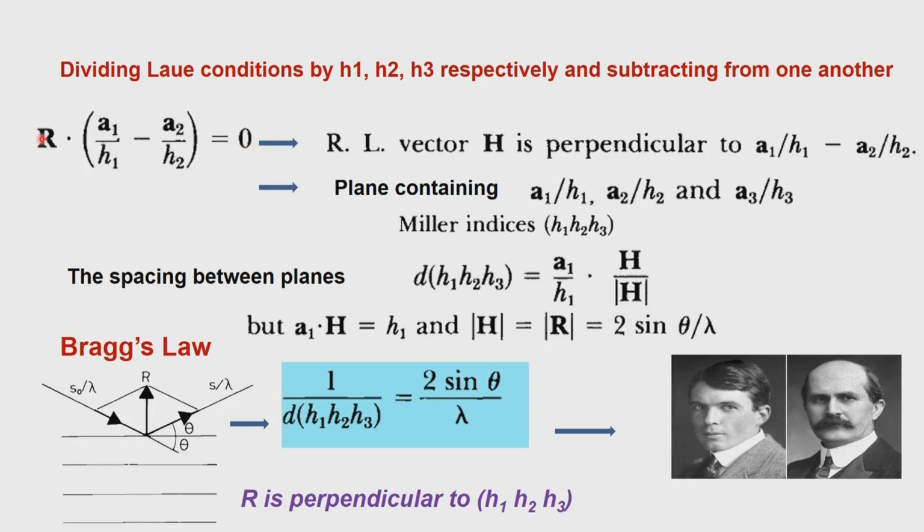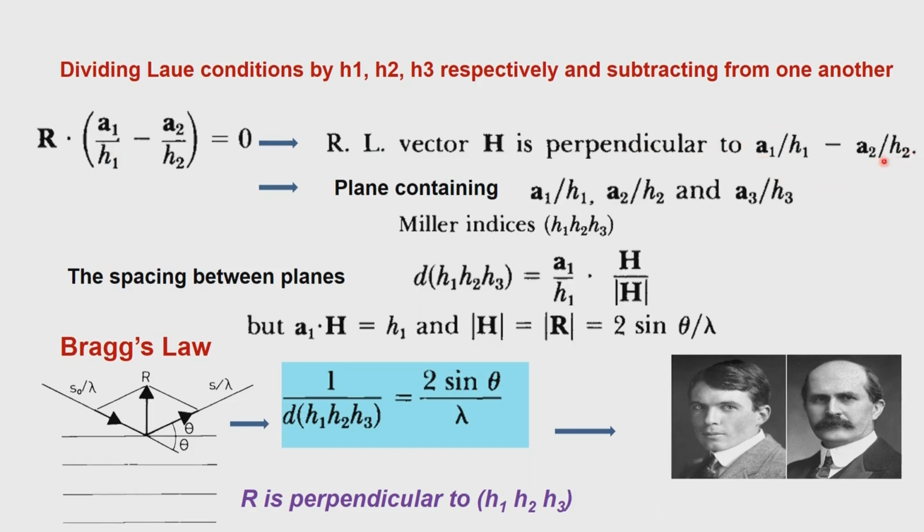Whenever we have an expression like this, two vectors A dot B equals 0, that means A is perpendicular to B. This is vector analysis. Therefore, the reciprocal lattice vector R is perpendicular to A1 by H1 minus A2 by H2.